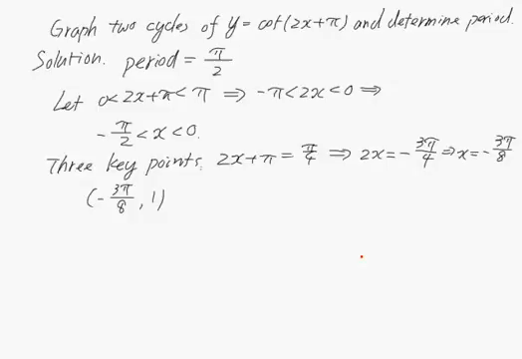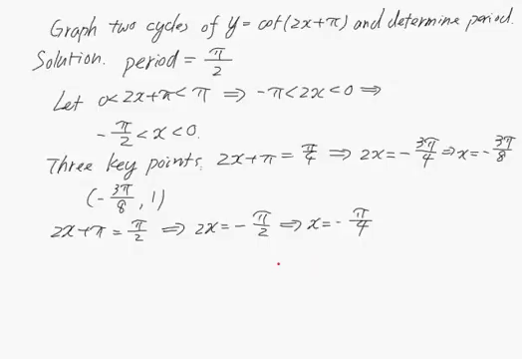Then for another one, we have 2x plus pi equal to half pi, right? Then this implies 2x equals negative half pi, and then x equals negative pi over 4.